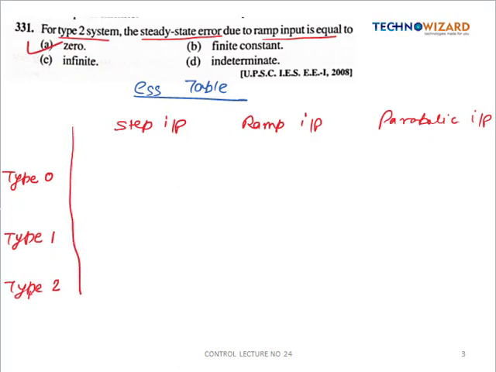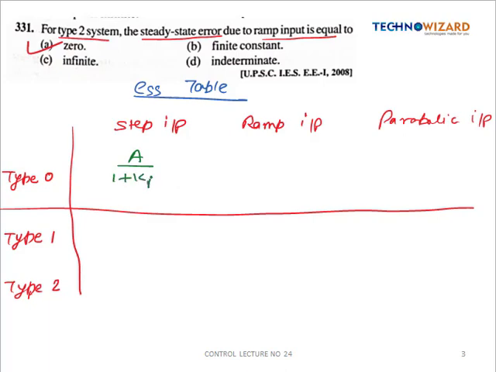In case of a type 0 system, if we apply the step input, then the steady state error is given by A by (1 plus Kp), where Kp is the position error constant and A is the amplitude of the input. And in case of a type 0 system, if we apply the ramp input, we get infinite steady state error, and similarly for the parabolic input.